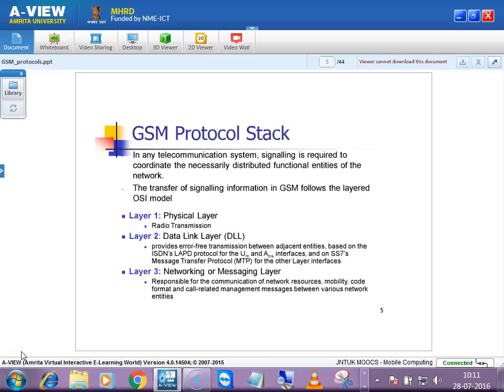Then it will register to that particular base station, and this mobile will be registered with the MSC. After this registration process, there will be some authentication procedure and integrity protection for the control messages. After this, it will request resources, and the base station will provide you the resources. After resources and everything is done, your connection is established, and only then will you get your call. So these are the control messages. Signaling is required in order to coordinate some functionality, right? Yeah.